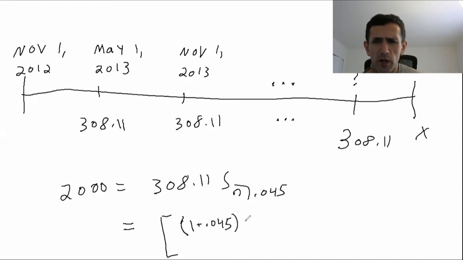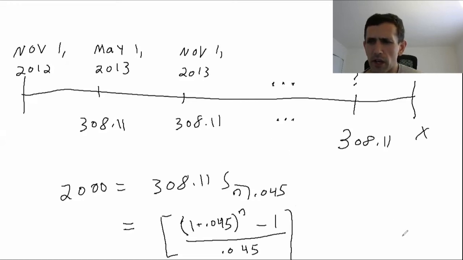I'll just write down the equation. 1.045 to the n minus 1, all over 0.045. And this is a 4 here. Sorry about that. Okay.